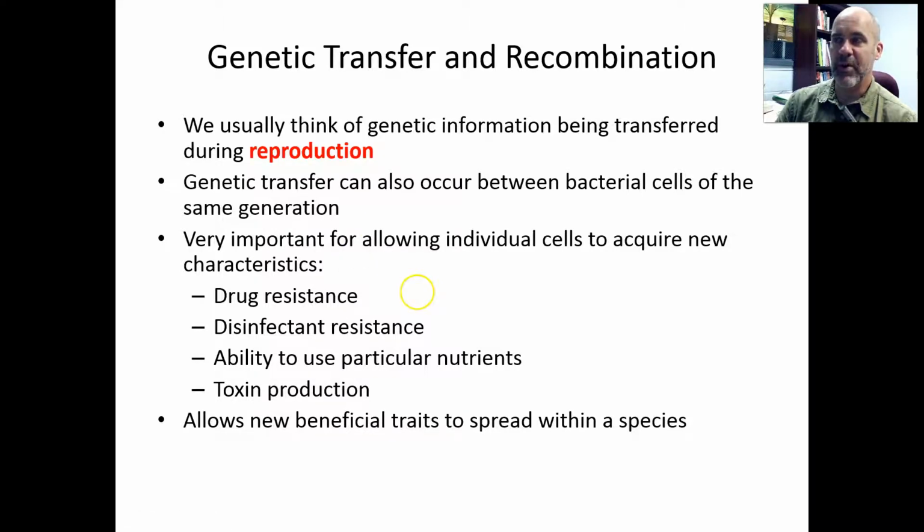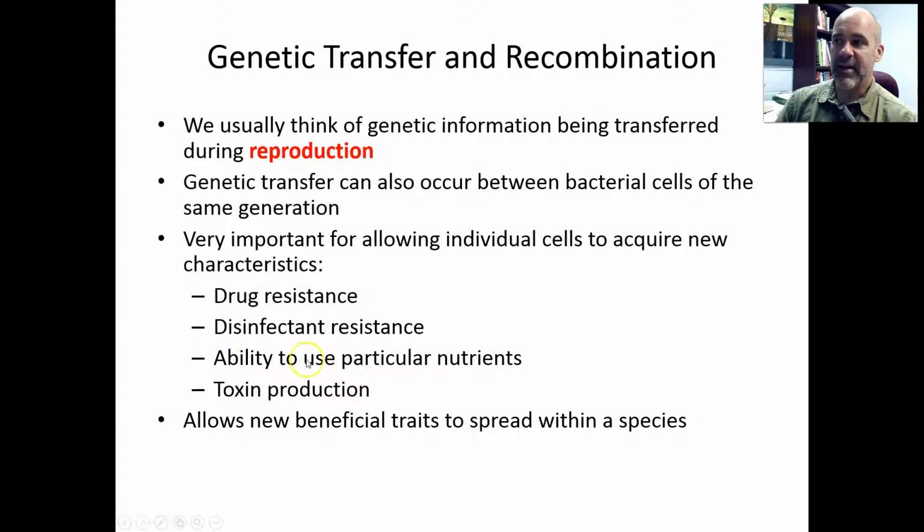Is it just through reproduction? No, as it turns out, in some cases, bacteria that are resistant to a particular type of drug can transfer the gene that is allowing them to be resistant over to a cell that wasn't resistant to it. And that's an example of what we call genetic recombination.